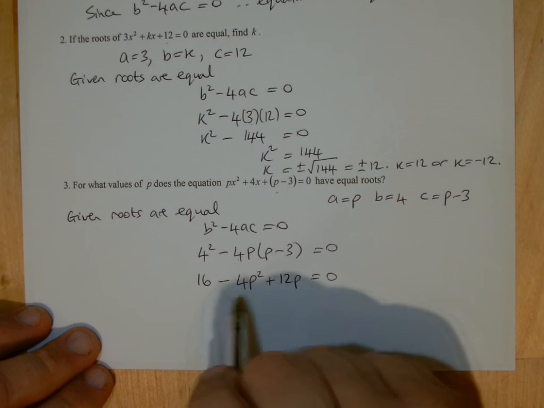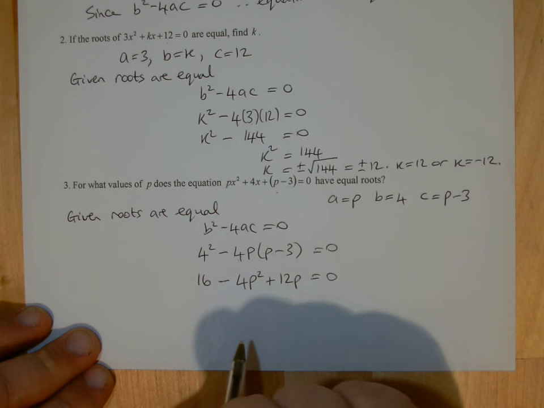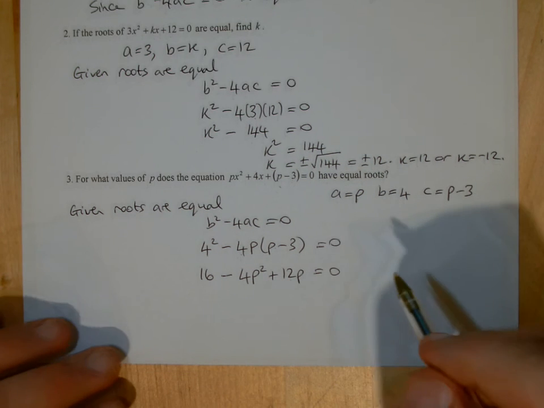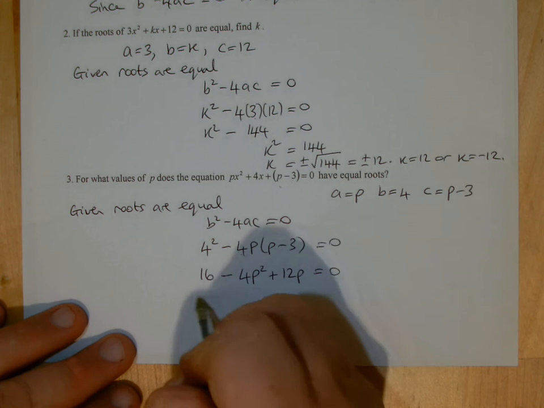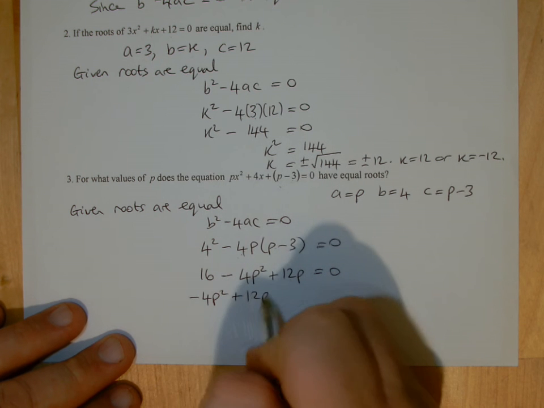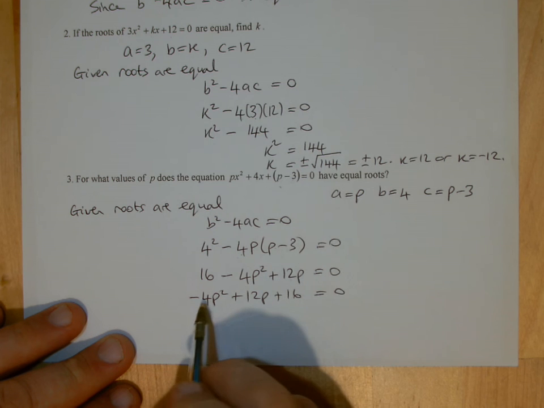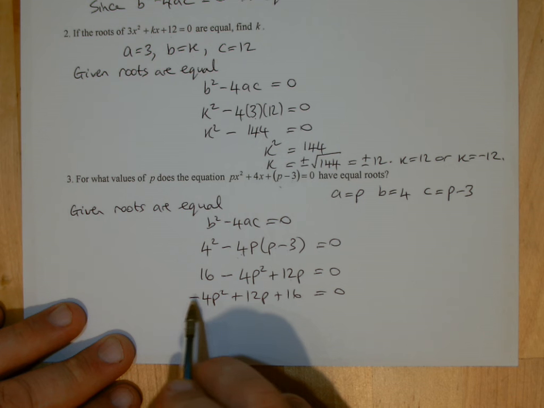So we've got here a quadratic in terms of p, and we can possibly factorize it. So let's rewrite this first. We've got the minus 4p squared in front, plus 12p plus 16. We just change things around there. And if we're going to factorize, we can't have a minus in front.